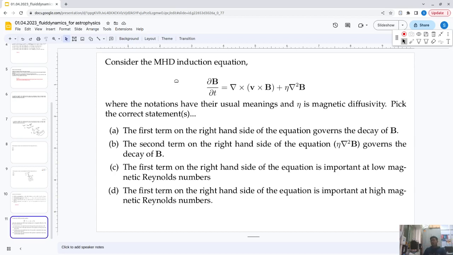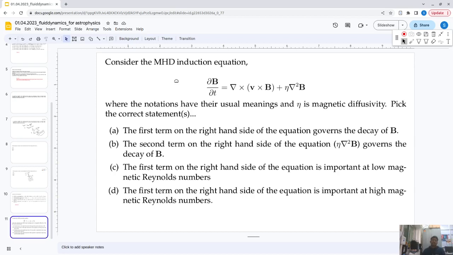Now the other term on the right hand side is eta grad square B. Here eta is the magnetic diffusivity, and if you forget the first term on the right hand side, you will find that this is a diffusion equation.